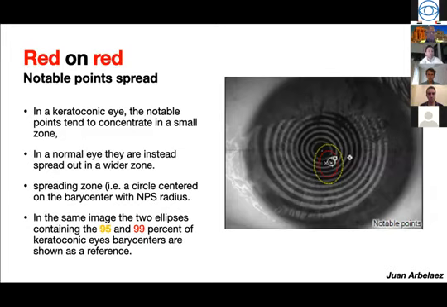But in a normal eye, they are widespread along a wider zone. The spreading zone is calculated and represented as a circle that is centered on the body center with the notable points radius.